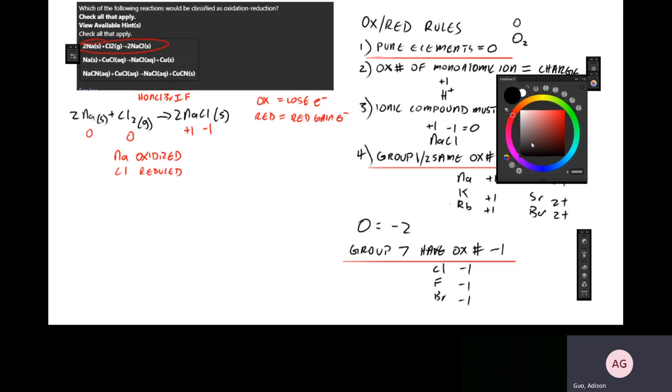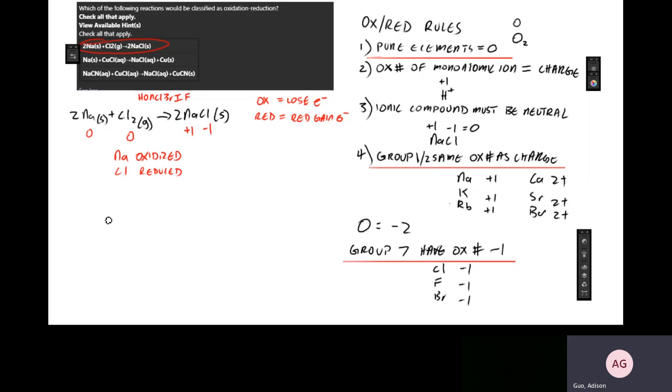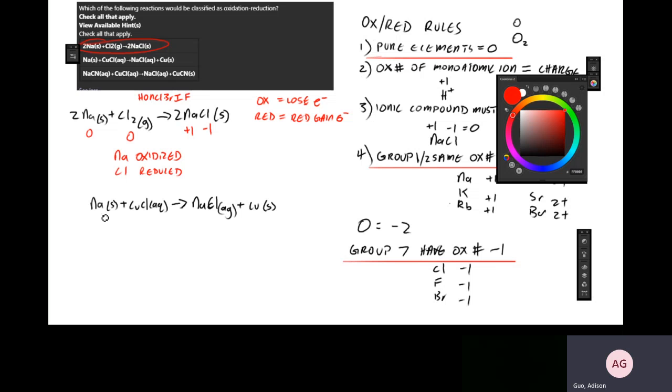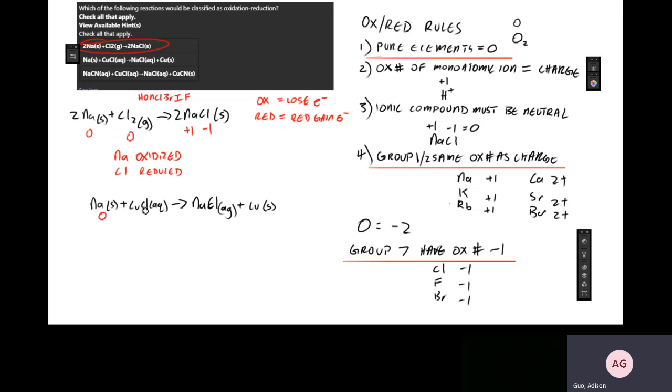Now if we do something a little more complicated, we'll look at this one. NaCl, aqueous plus copper solid. So I'm going to start again with the oxidation states. Sodium, solid metal, has oxidation state of 0 because it's pure. This is copper chloride.